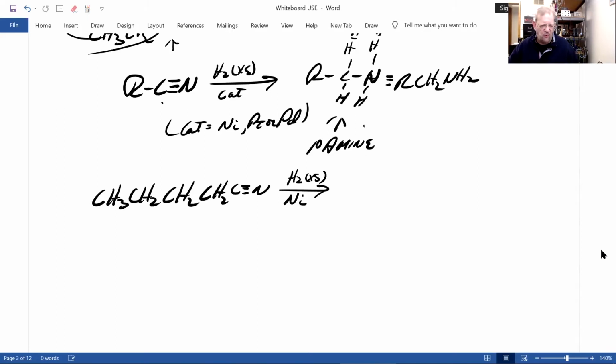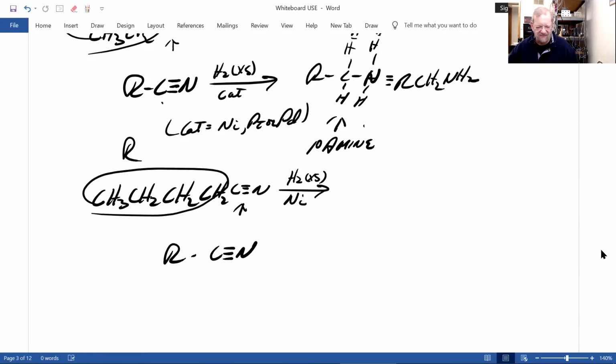What's different? What's not carbon? What's not hydrogen? What's not a carbon-carbon single bond? Well, everything's right there. It's a nitrile, carbon triple bond to nitrogen. And I've got carbons attached to it, and I'll call this R. I have hydrogen in excess. That means you've got all the hydrogen in the world to react with anything that reacts with hydrogen.